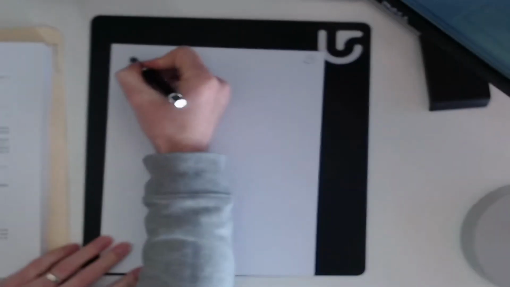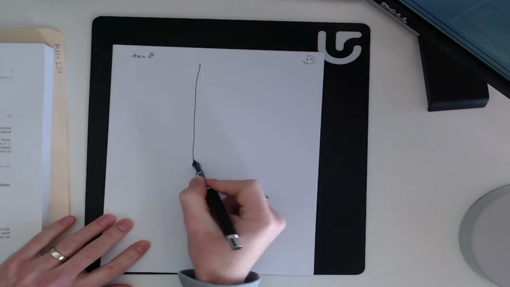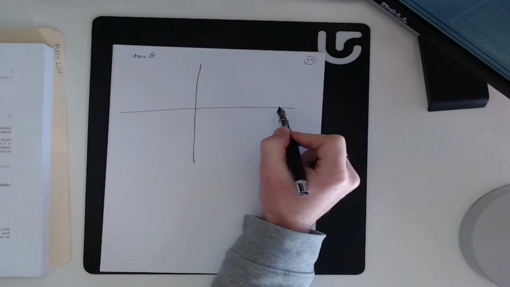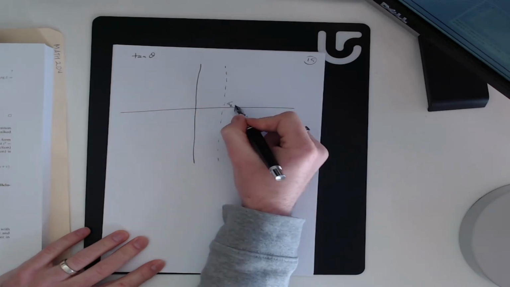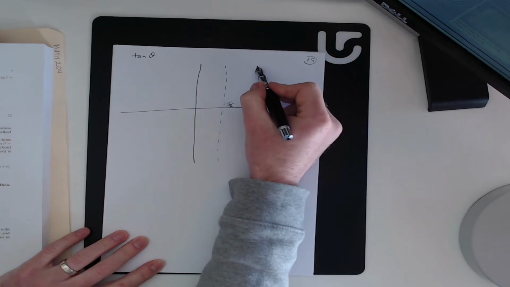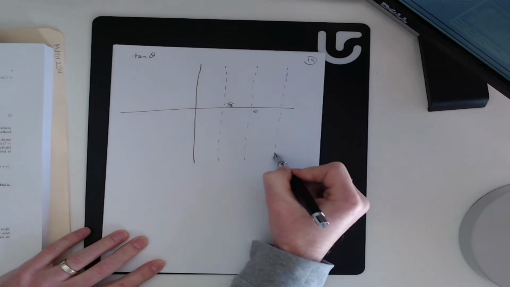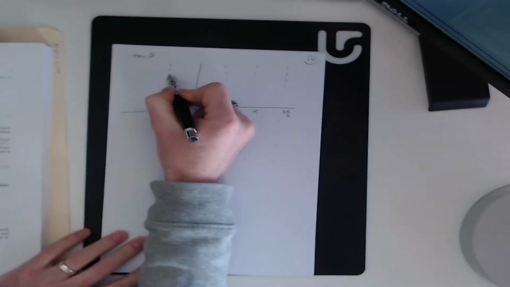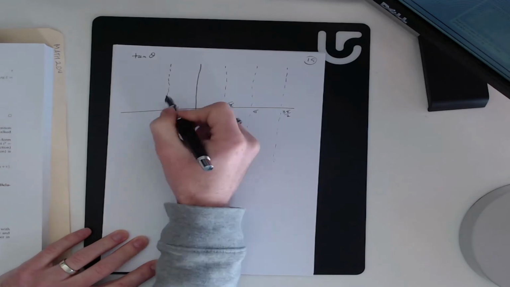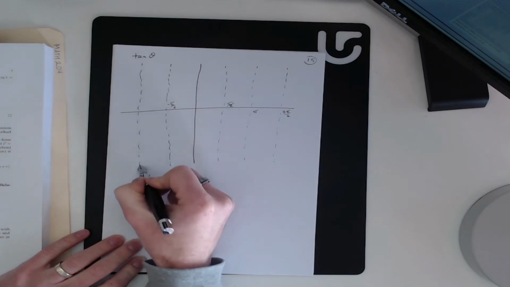So here's a graph of tan theta. Pi over 2, pi, 3 pi over 2, minus pi over 2, minus pi.